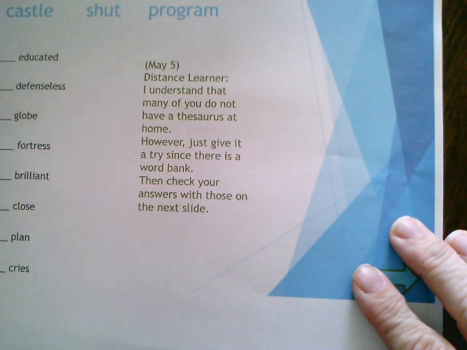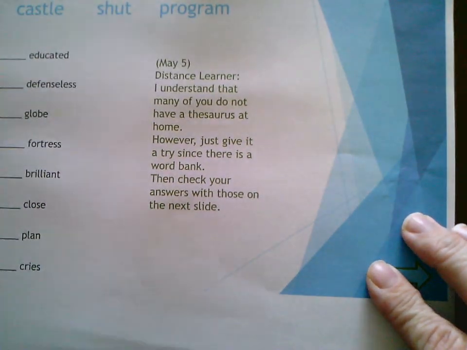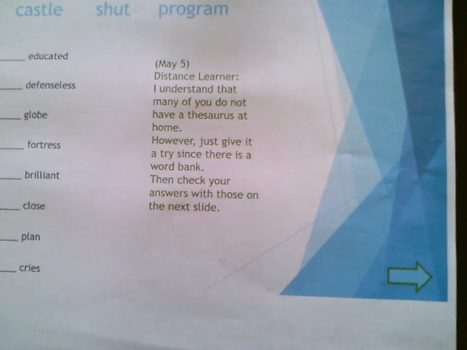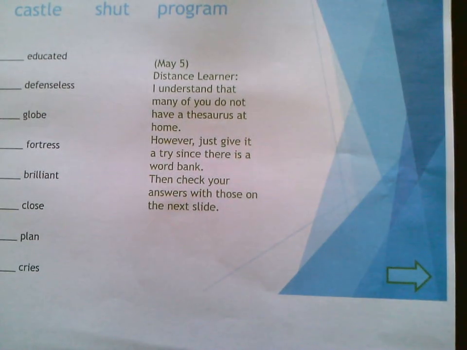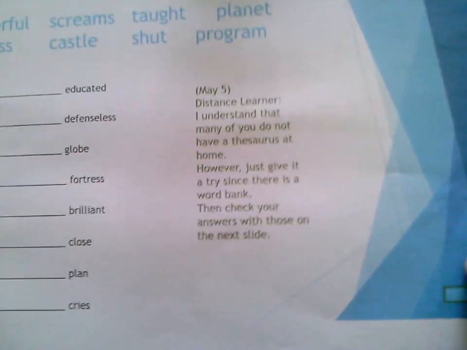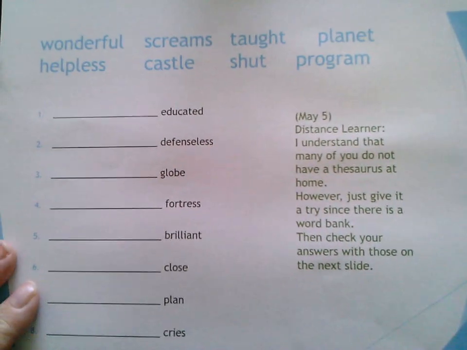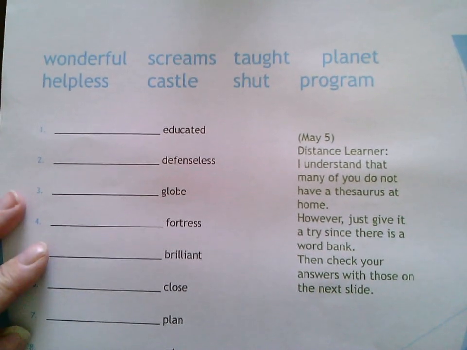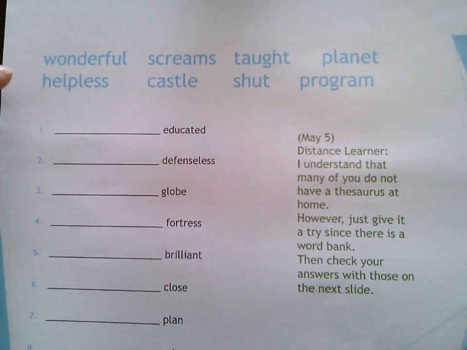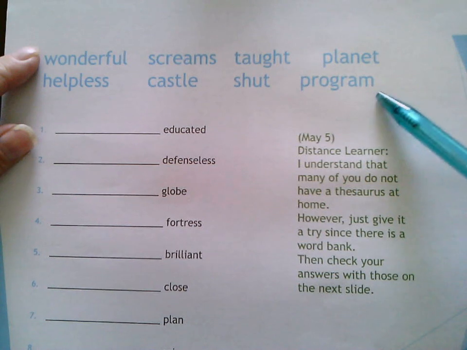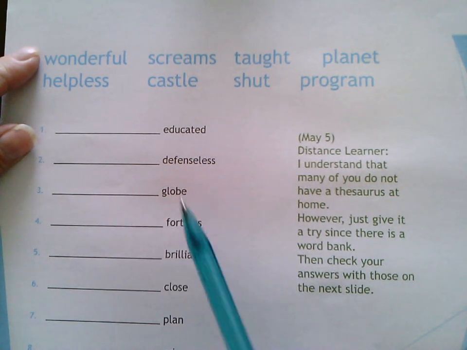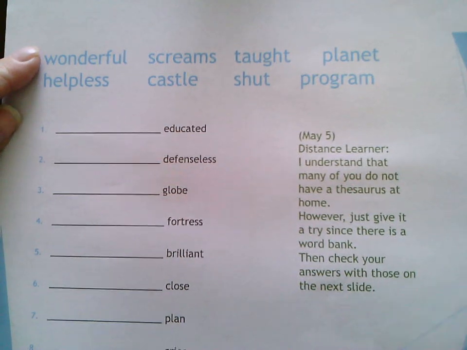And now we're going to do a little exercise to finish our lesson today. And I know some of you do not have a thesaurus at home, and that's okay. We're going to just try this ourselves, okay? So what we're going to do is we're going to try to see what word would be a synonym that a thesaurus would give me for each of these words listed, okay?